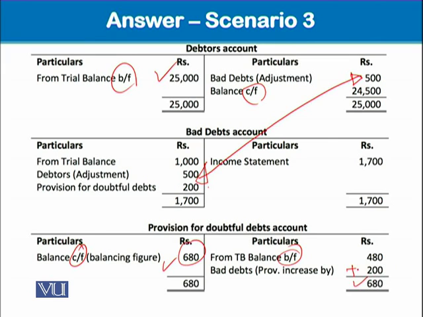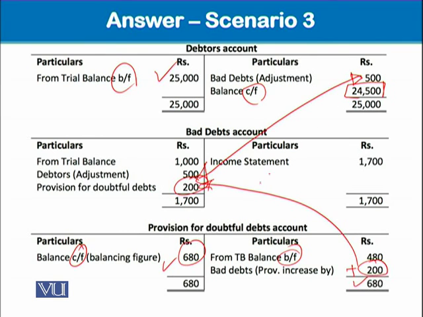So this increase of 200, same accounting entry that we have already learned in our earlier modules, that whenever there is increase in provision, debit bad debts and credit provision. So we have carry forward balance of debtors 24,500, carry forward balance of provision 680. Both these will go to the balance sheet.